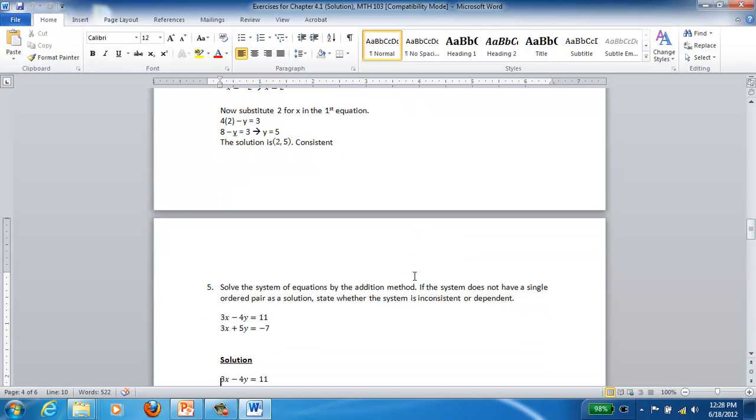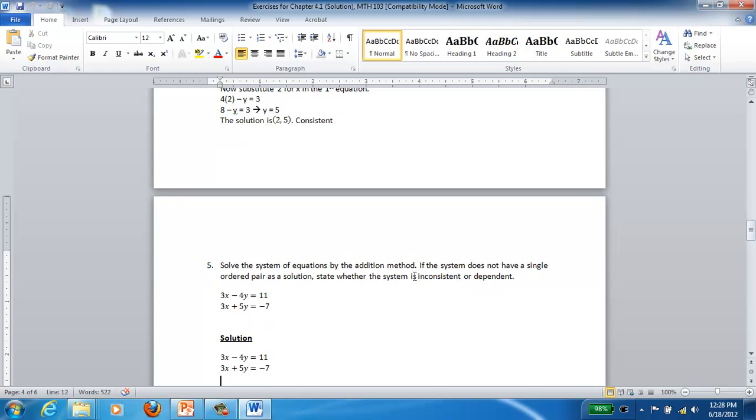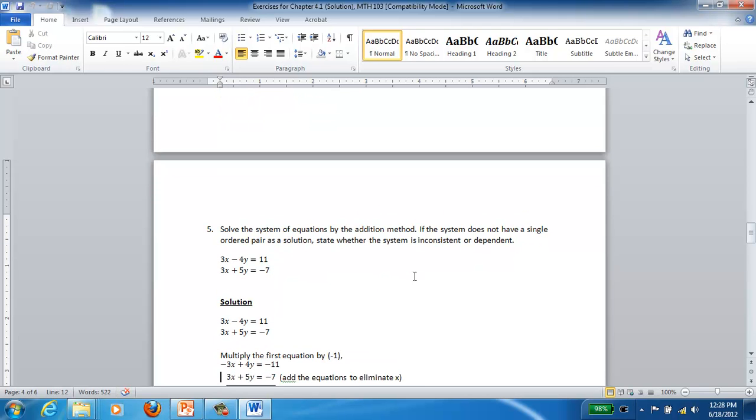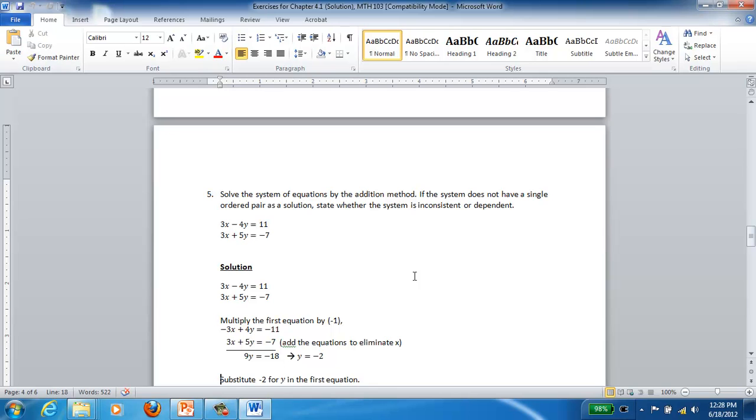Next example. Solve the system of equations by the addition method. 3x minus 4y equals 11 and 3x plus 5y equals negative 7. Solution. We'll take the first equation and multiply through by negative 1. This gives us negative 3x plus 4y equals negative 11.